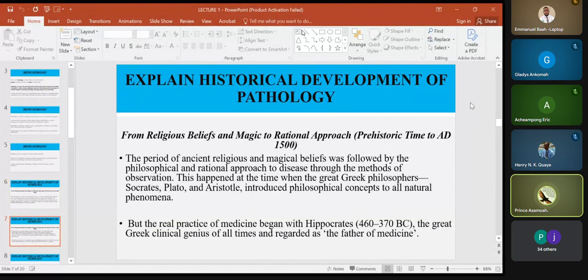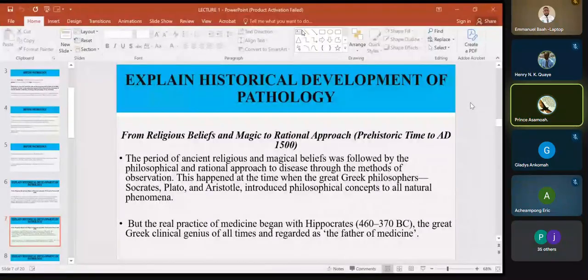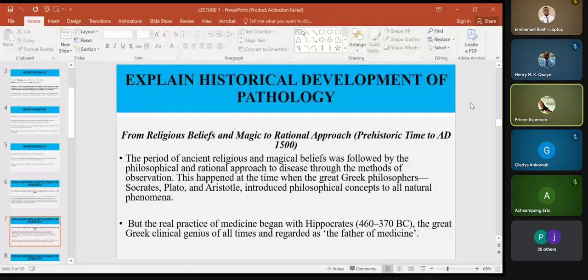Now, you come to a period that we migrated from religious beliefs and magic to a rational approach. This is where most of the theories, from where I sit, we were migrating but got it all wrong. We migrated from the belief systems and went to rationalizing things.